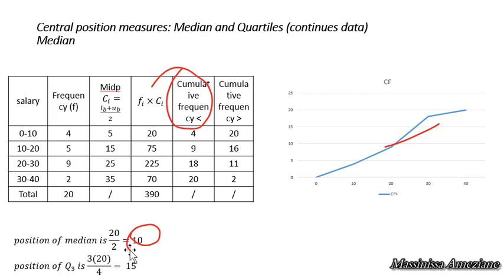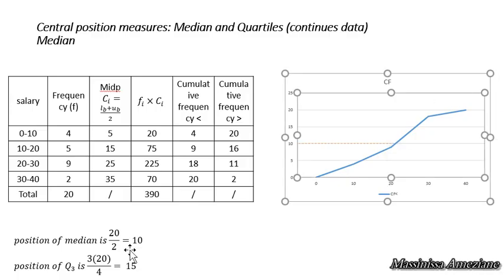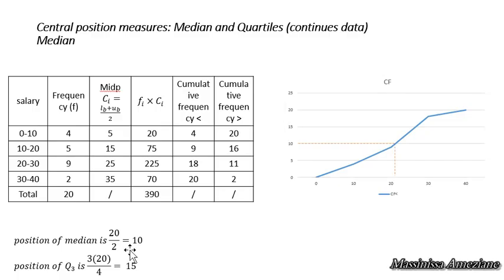We draw a horizontal line from 10, and where it touches the curve, we draw a vertical line, and this is actually the median. This is how we find the median graphically.